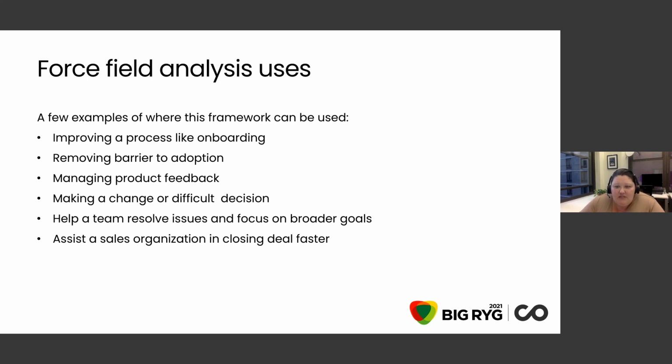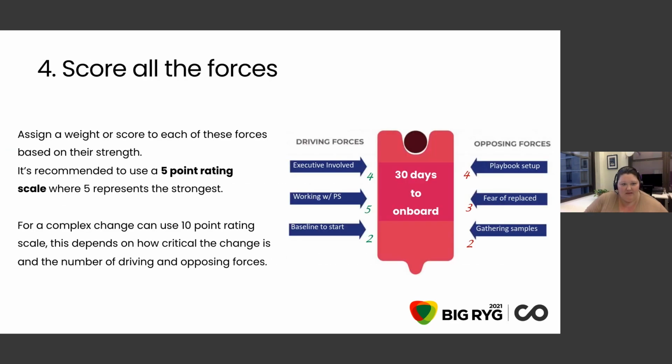Okay, for the opposing forces, we're assigning its strength to slow down or stop the process. Correct. Yes, that's exactly right. So you're assigning its strength: how strong is it in slowing down or stopping you from getting to your goal. So going back to our example, I'm going to use my slides here.